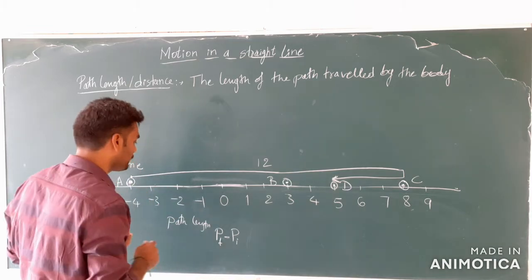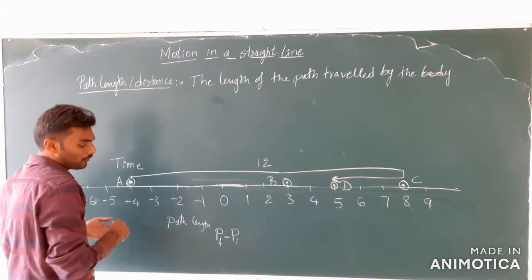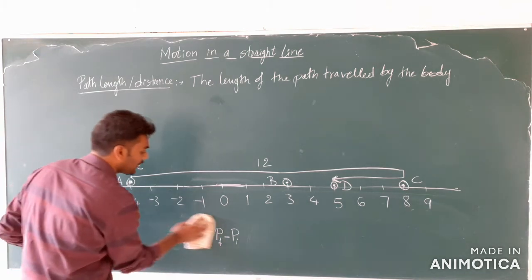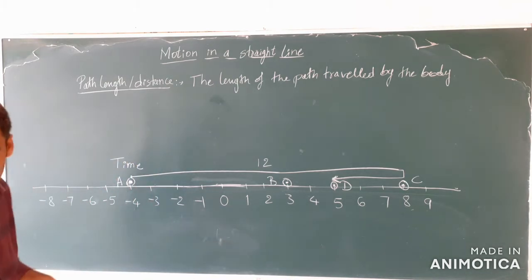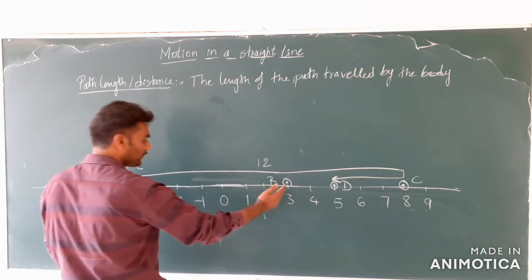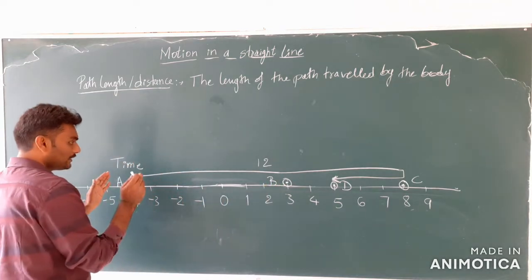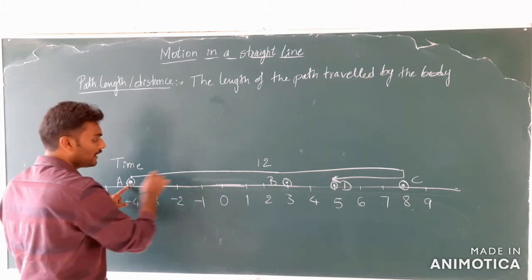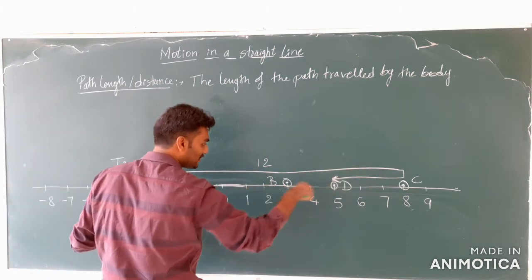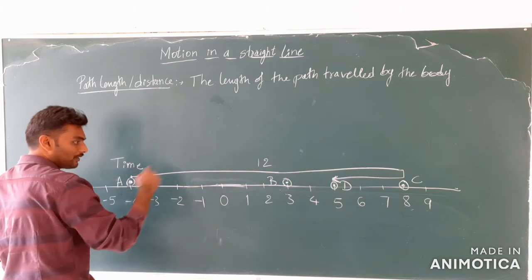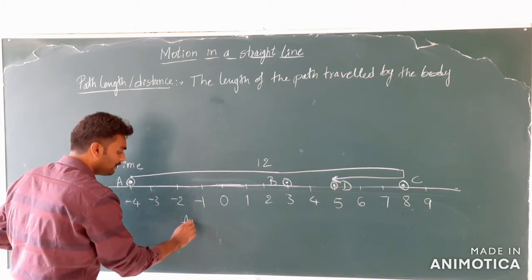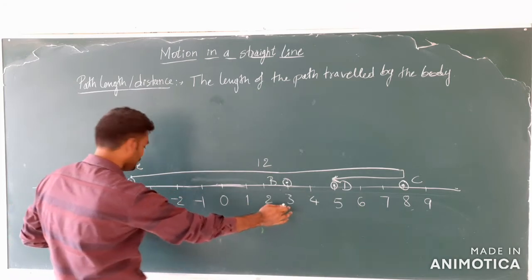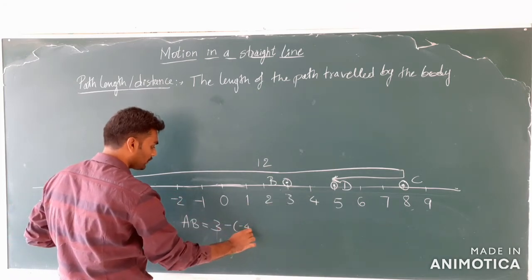Be clear with that. Because the body has rested at point B, I should consider the length from A to B first. The length traveled by the body in the complete motion is A to B, B to C, C to D. So when I take A to B, finally it is 3 minus of minus 4.